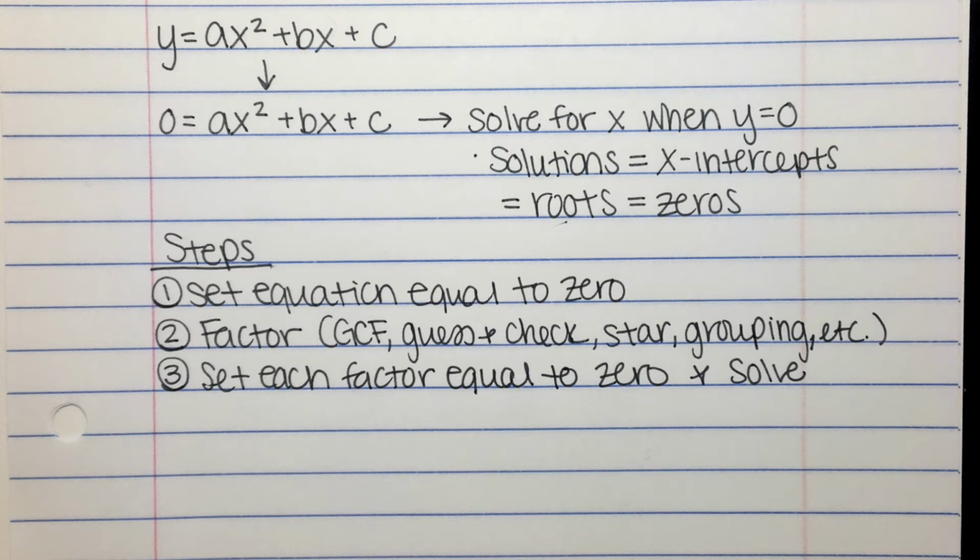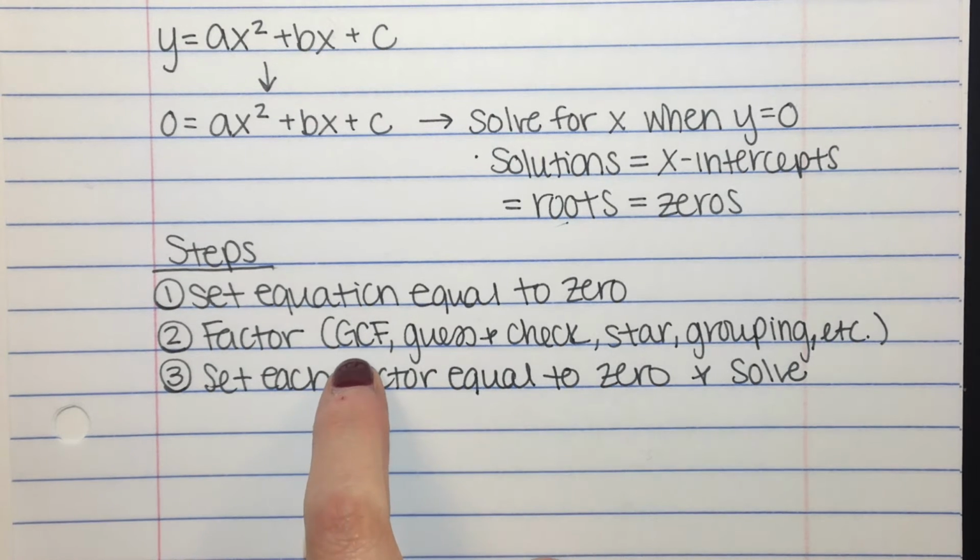Here are some steps that we can follow to solve quadratic equations. First, you have to set the equation equal to 0. Most of the time it's already set up that way, but occasionally you could have a problem that's out of order, so you can move things to the other side of the equal sign and get it set equal to 0. Then step number 2, you're going to factor. Every time, you need to look for a GCF, but sometimes that's the only factoring you have to do.